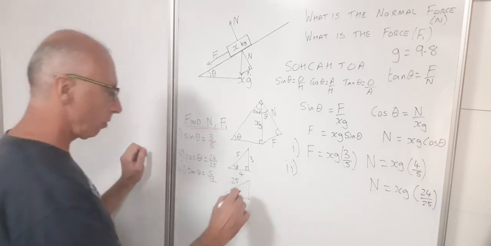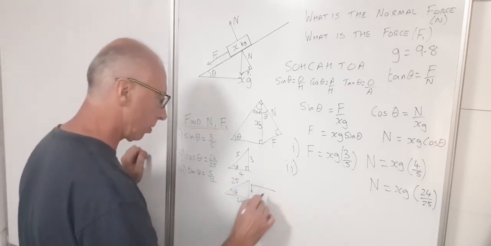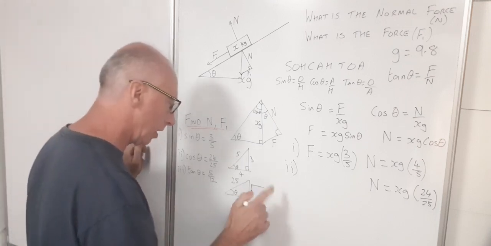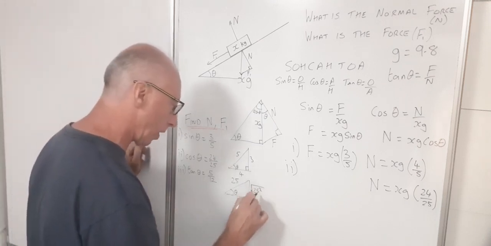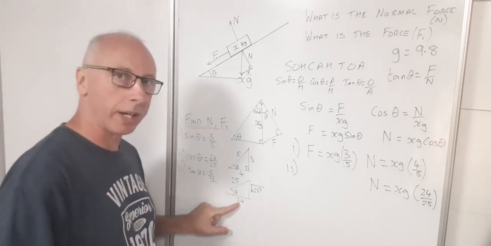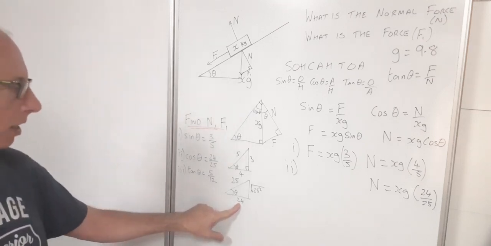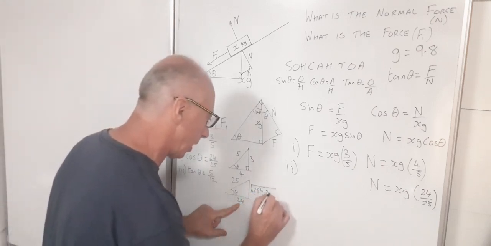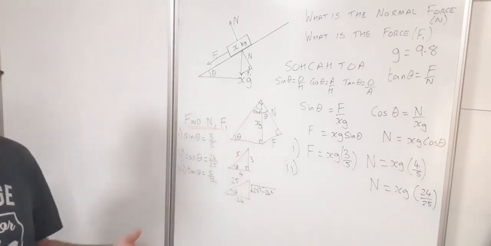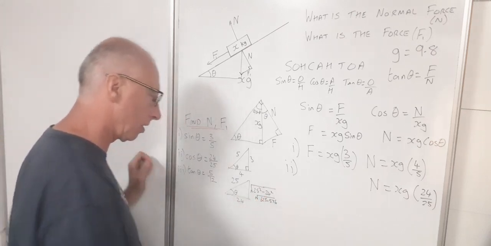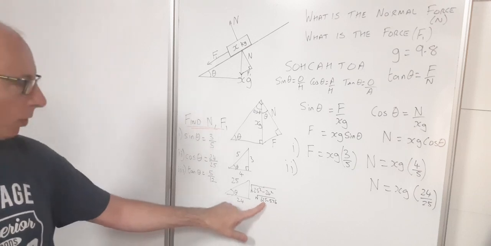So to calculate this one, I've got the square root of 25 squared minus 24 squared. So now I've got the square root of 625 minus 576, which breaks down to the square root of 49.